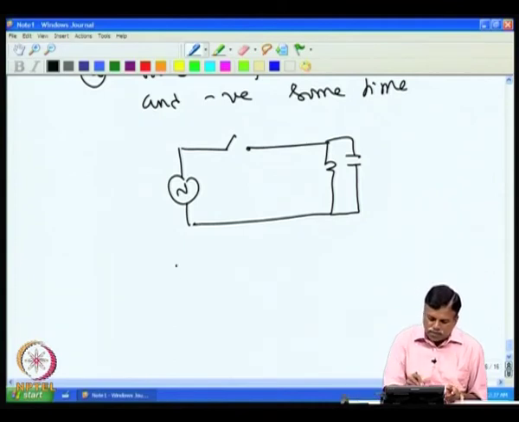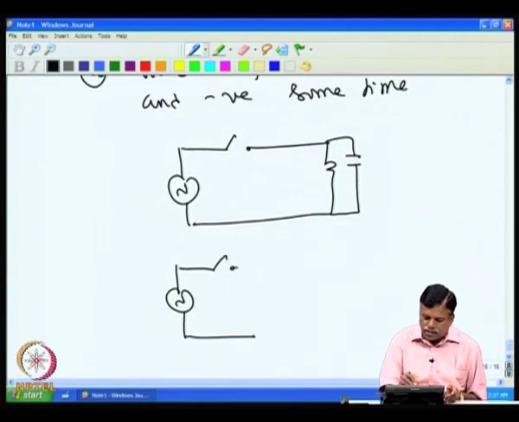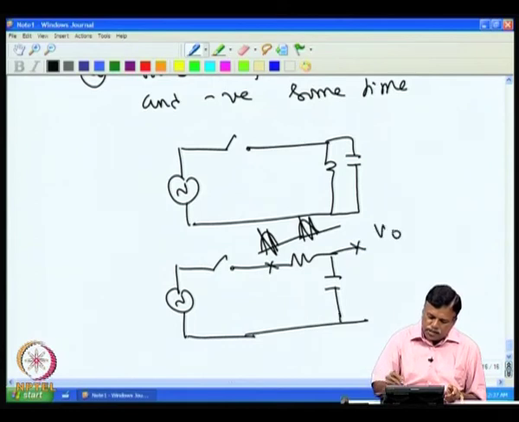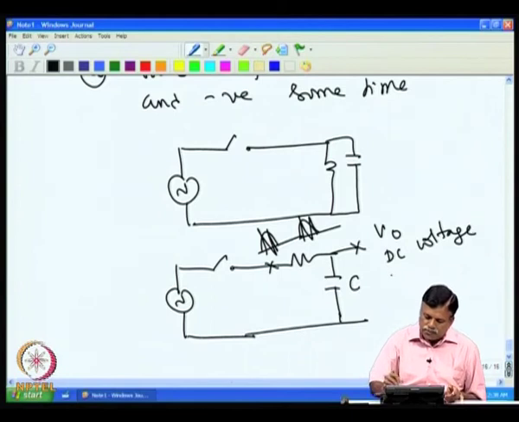So, instead of having the load like this, I can have a switch and then put an RC like this. Now, at this point you will have signal plus noise coming here. But at this point, V0, the capacitor is used to average out. At this point I will have a DC voltage which represents only the signal.